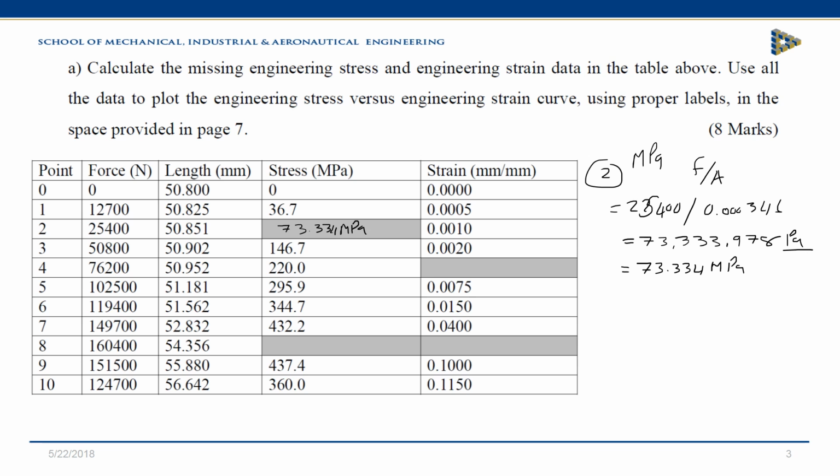The second part of the question says for point 4, calculate what the strain is. So now I need to work out delta L over L, which is 50.952 minus 50.8, divided by 50.8, which gives me a strain of 0.00299.